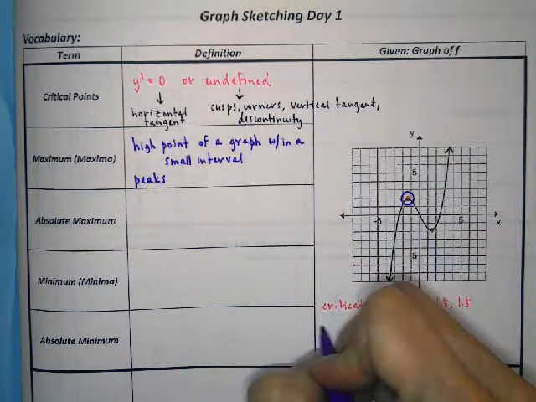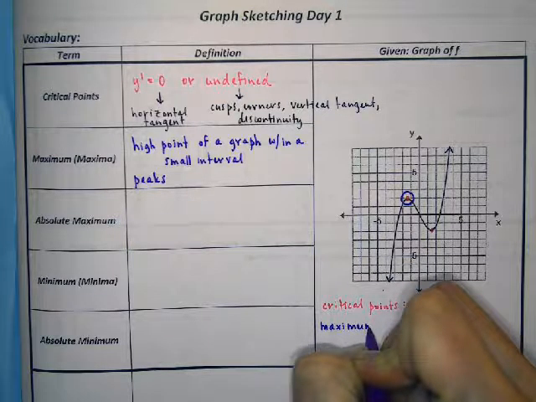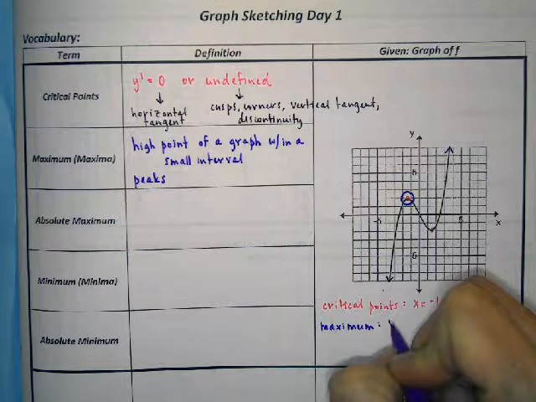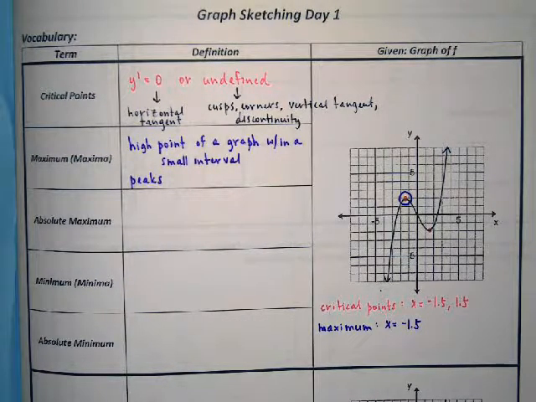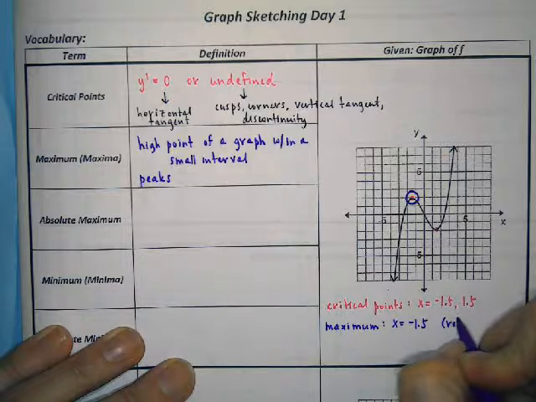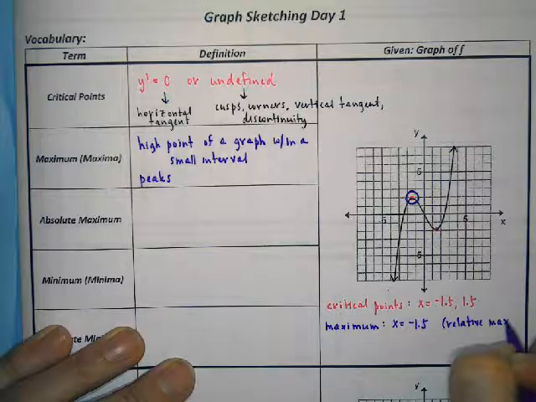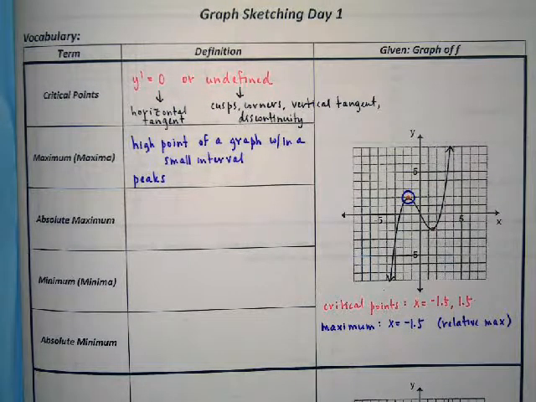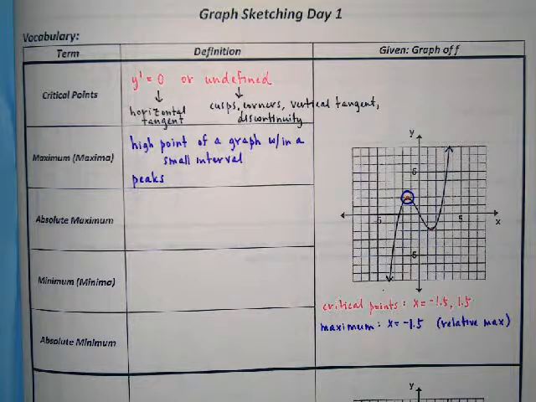So that would be a maximum. It takes on a maximum value at x equals negative 1.5. Sometimes we'll call that a relative max, because it's not the highest point that the graph will ever take on, but in that area it is the greatest value.